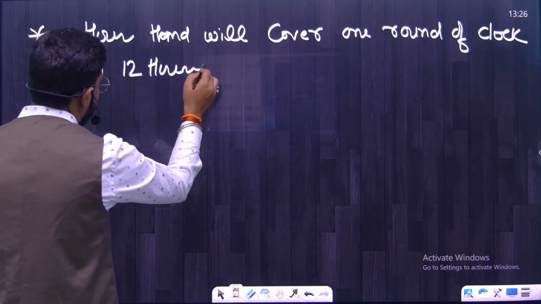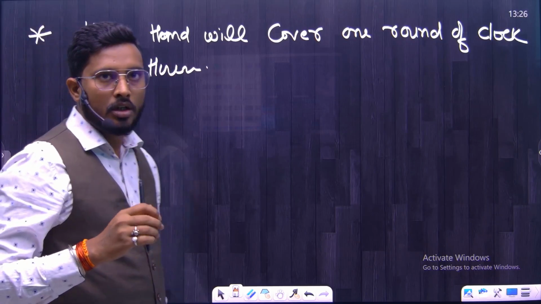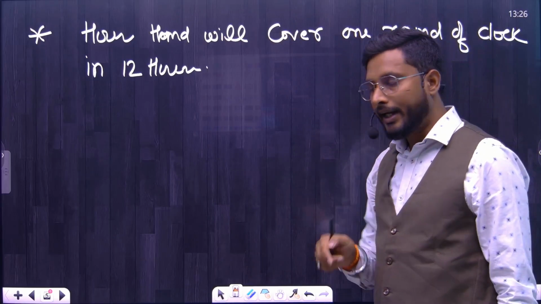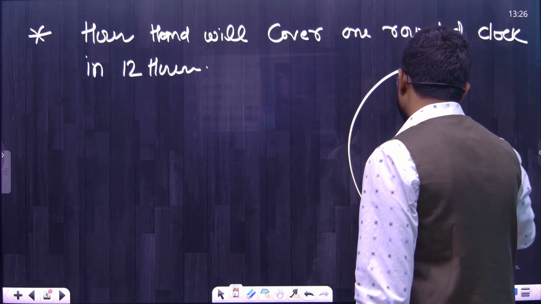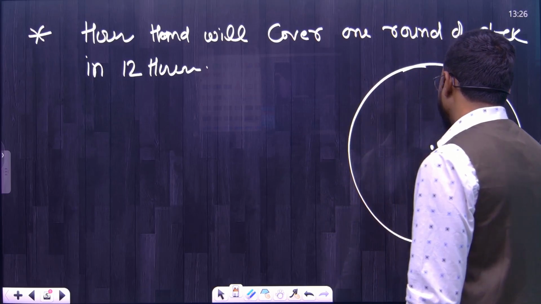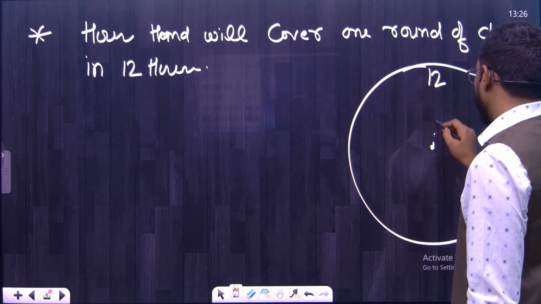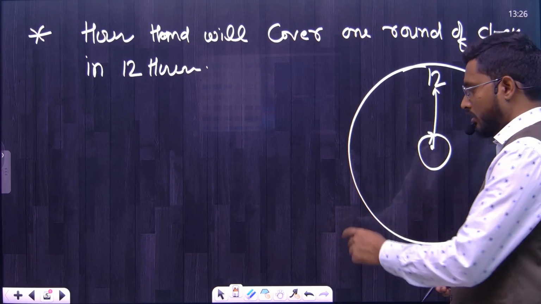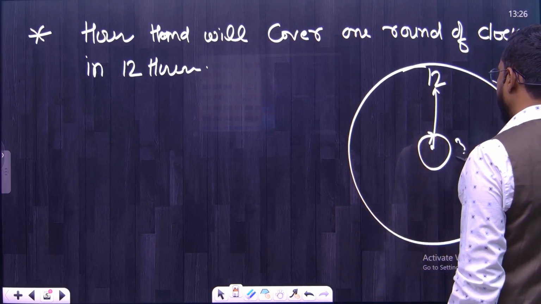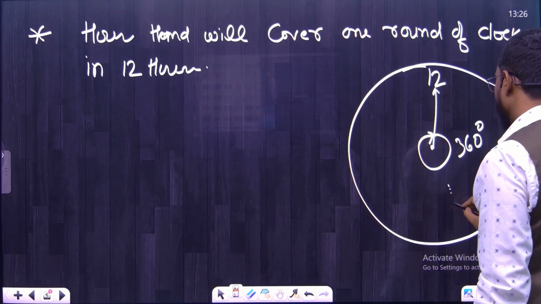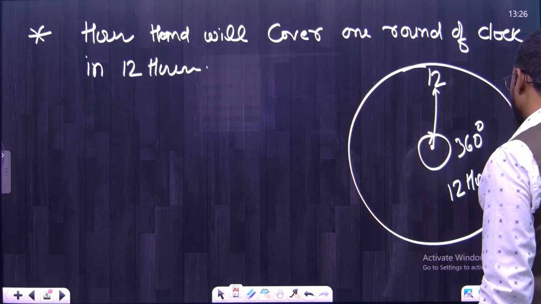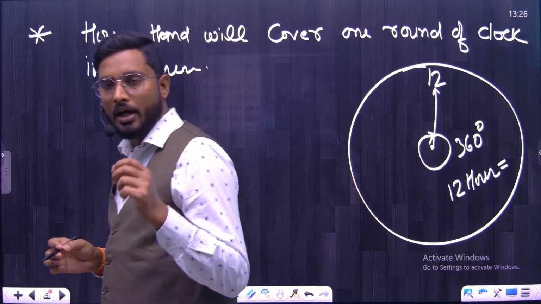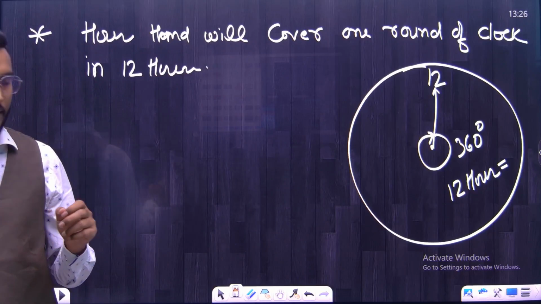You all know that in 12 hours the hour hand will cover one round of the clock, and the value of one round of the clock is 360 degrees. So in 12 hours the hand will cover 360 degrees.